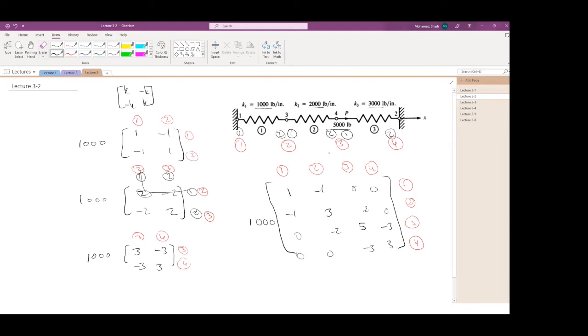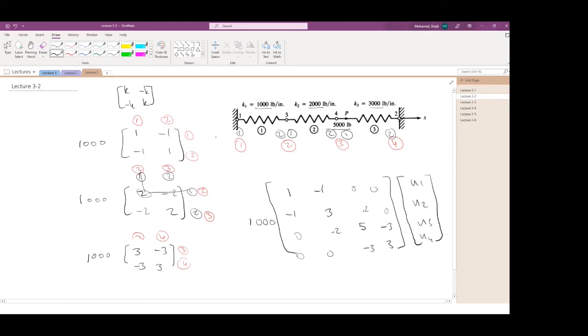I'll need to write down the displacement and the forces, the relation between both. I just remove these numbers. I don't need them anymore. So I will write U1, U2, U3, and U4 here.